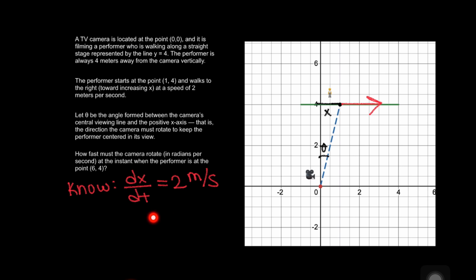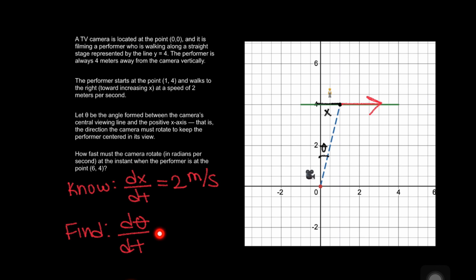So we know dx/dt, so x is changing with respect to time at a rate of 2 meters per second. There should also be a derivative we're trying to find, and that is how fast must the camera rotate?